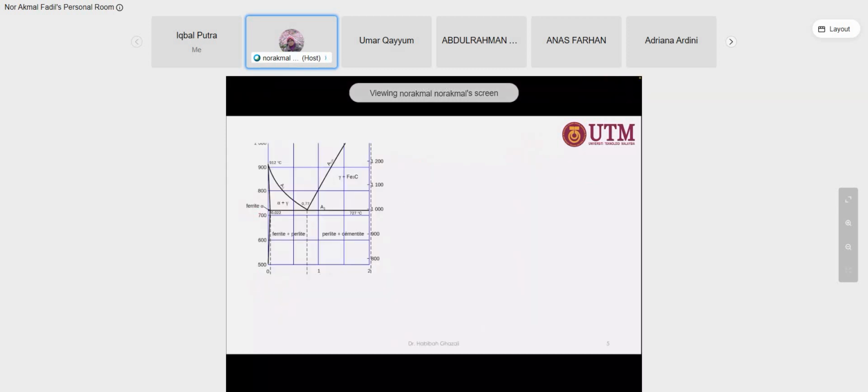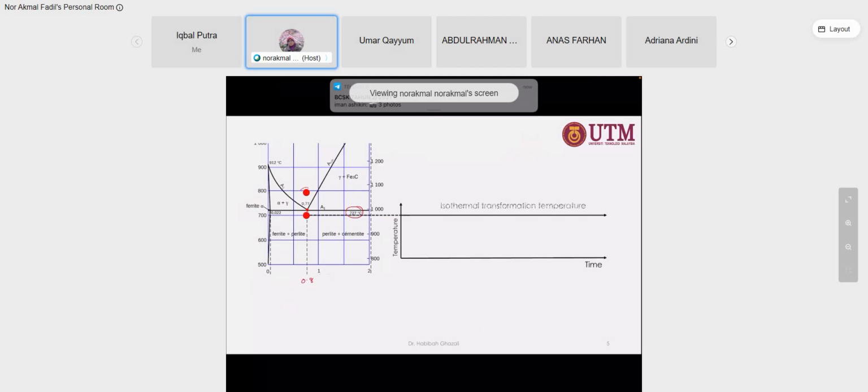So this is the phase diagram. In this example, we use 0.8% carbon, which is the composition of your alloy, and you take a temperature above the austenite temperature.